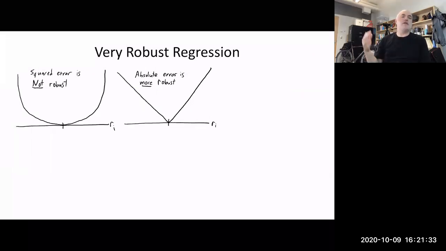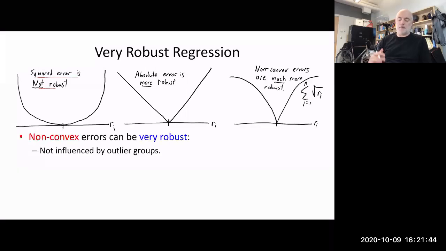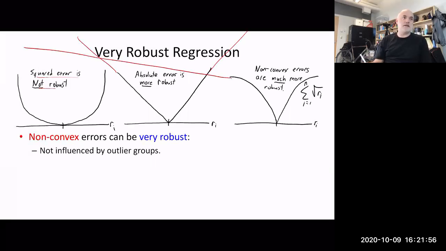So you can imagine you might want to go even further, right? The squared error is not robust. The absolute error is more robust. You can imagine other error functions that are non-convex that are even more robust. This still penalizes linearly as you go far away. If you had something like the square root, this is going to penalize sublinearly.